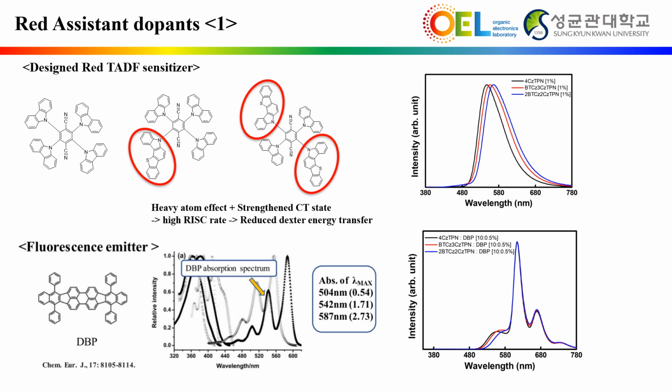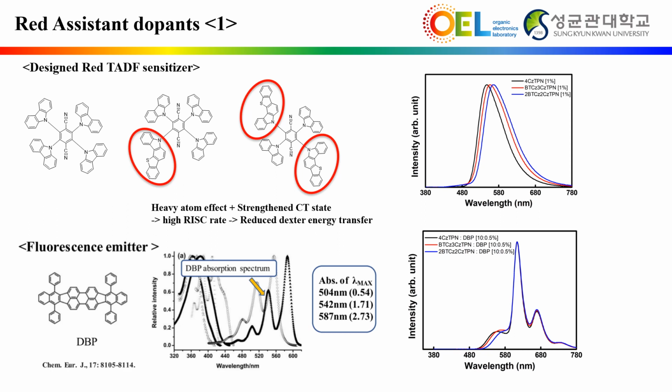I am currently developing red hyperfluorescence and have a successful research experience in increasing efficiency and lifetime at the same time by setting 4CZ-TPN as a reference. First of all, 4CZ-TPN emits light in the 540 nanometer region and has high fluorescence efficiency. And lastly, the molecule itself is very stable.